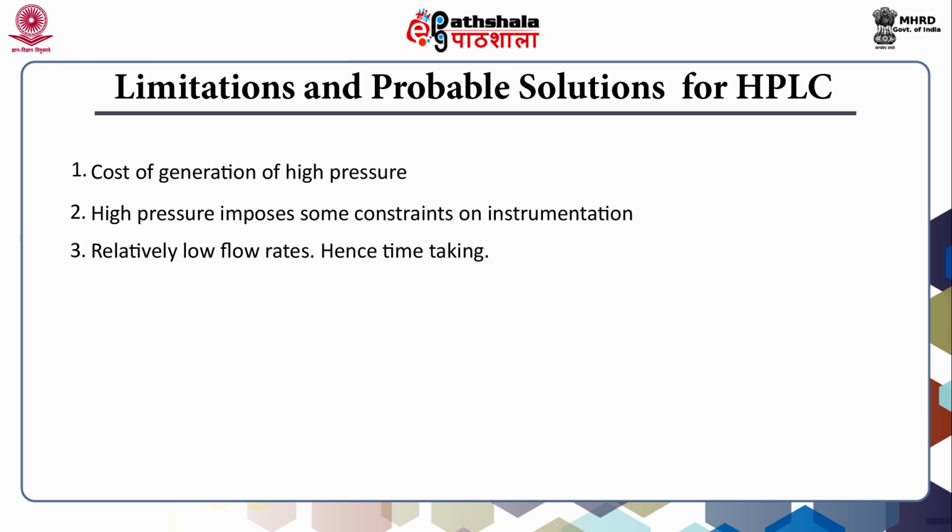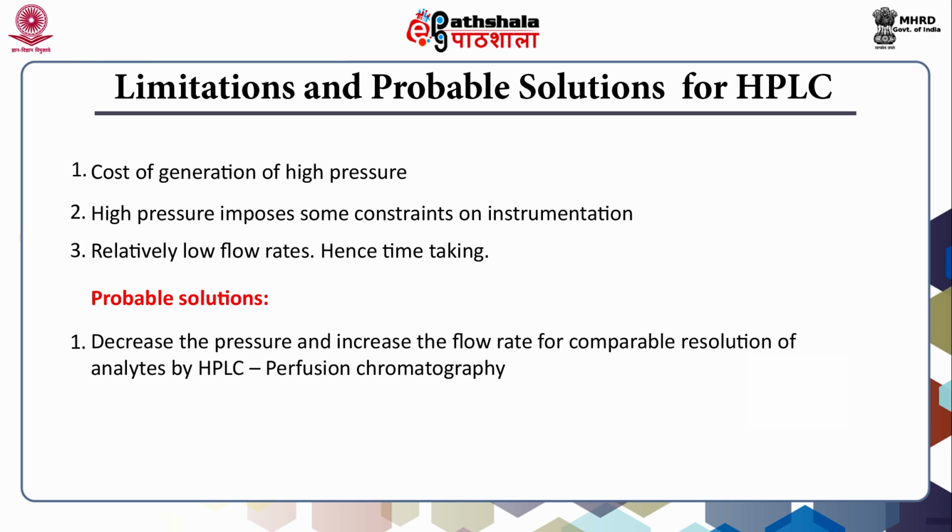So, these are the three main limitations for HPLC, and they can be overcome by decreasing the pressure and increasing the flow rate for comparable resolution of analytes. This can be done by another alternative for HPLC, called perfusion chromatography.